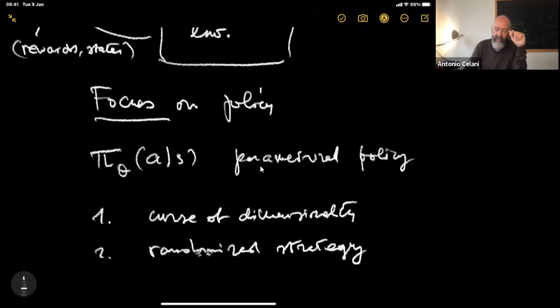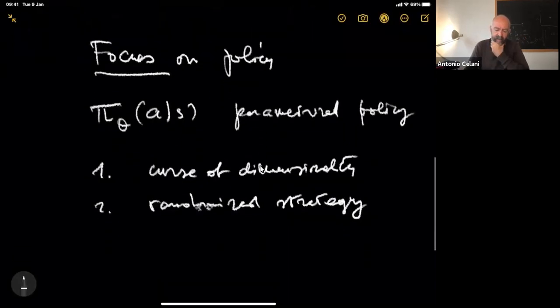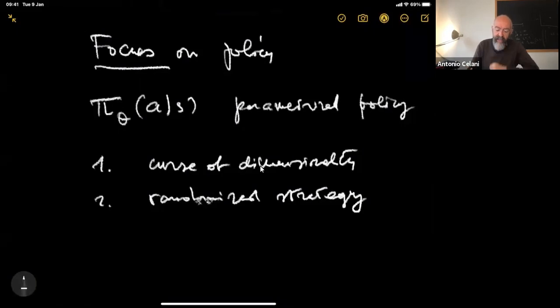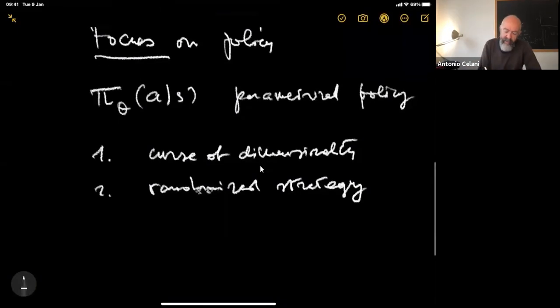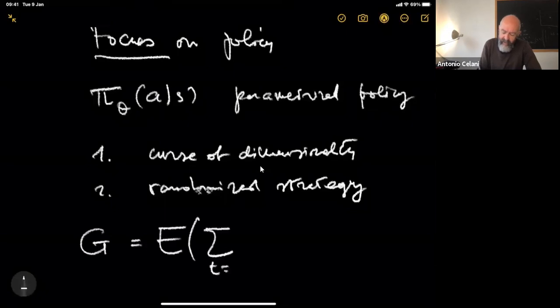To allow for these two benefits, what is the idea? Well, if we go back to our original definition, you remember we have to define our task in terms of the expectation value. This is our goal, the long-time return, which is, as usual, the discounted sum of rewards.